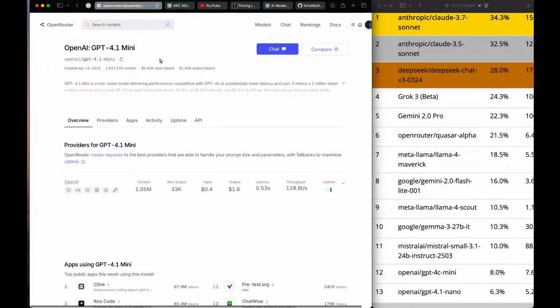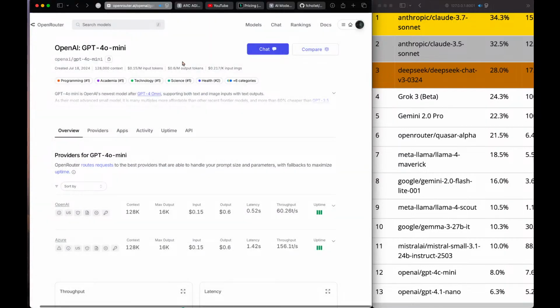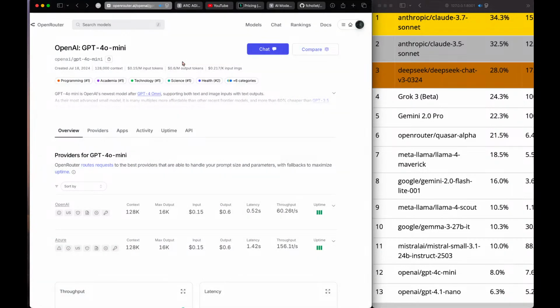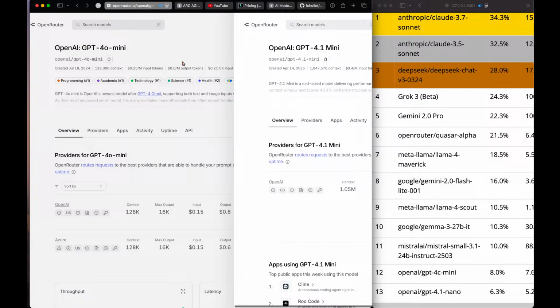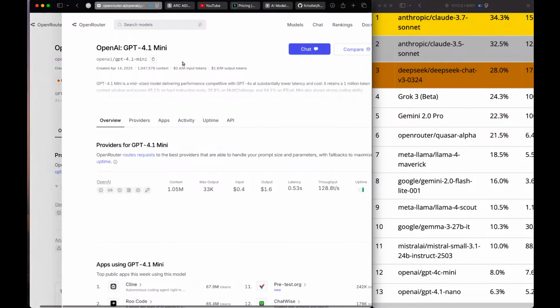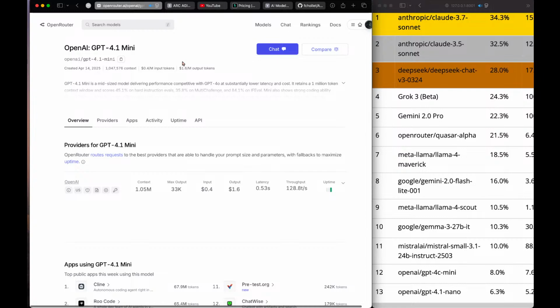More than twice. Nearly 3 times. 4.1 mini is 3 times pricier than 4.0 mini, guys.